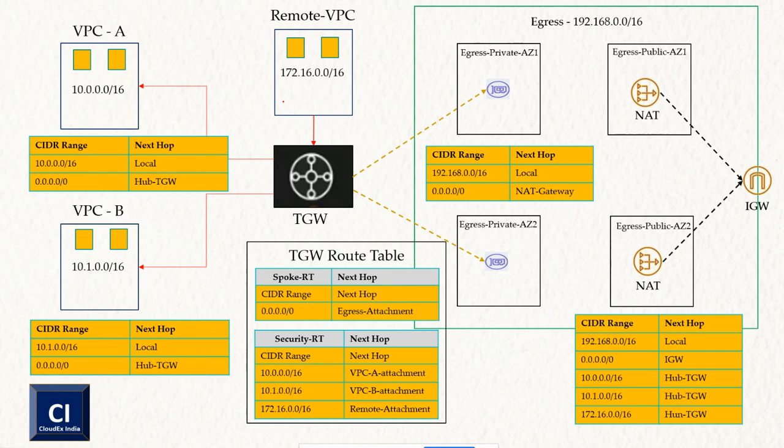To implement the monitoring, what you have to do is create the Palo Alto devices under your egress VPC private subnet. You can deploy your Palo Alto devices and do some routing configuration so that whenever there is a request coming to access the internet from Transit Gateway, it lands in your egress private subnet and comes to the Palo Alto devices.